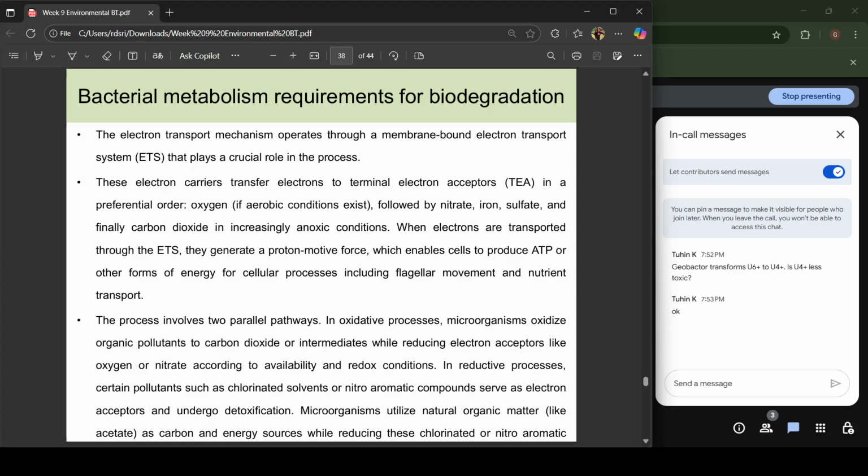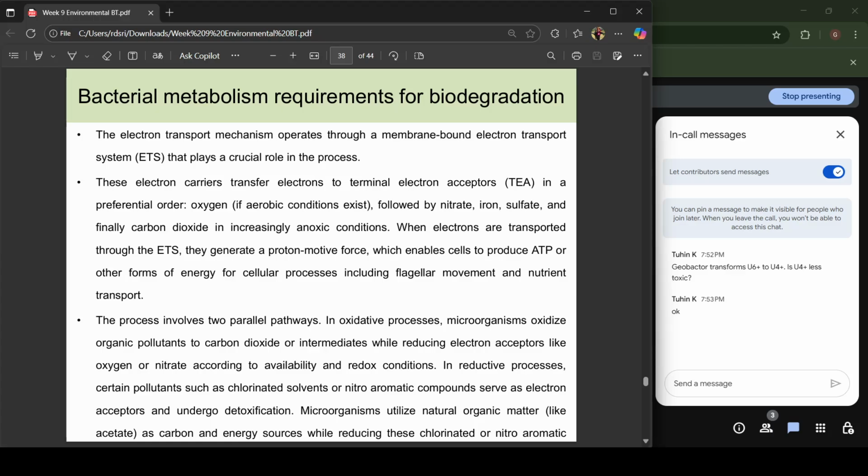So this essentially occurs in two pathways. One is the oxidative pathway, where the microorganism oxidizes the organic pollutants to carbon dioxide or other intermediates. Or it can also be a reductive process. Here we have pollutants like chlorinated solvents or nitroaromatic compounds which serve as electron acceptors themselves, and hence they are detoxified.